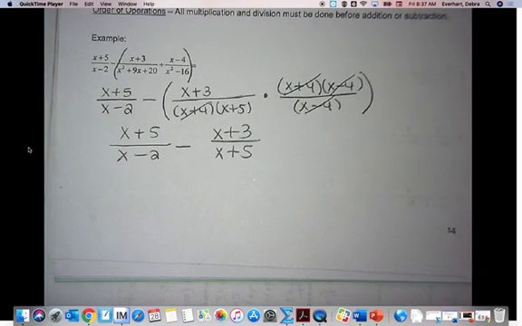So I want you to go ahead and finish it, just practicing what we did Wednesday and today to see if you have that process down pretty well.